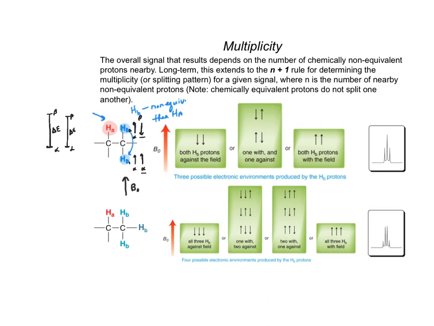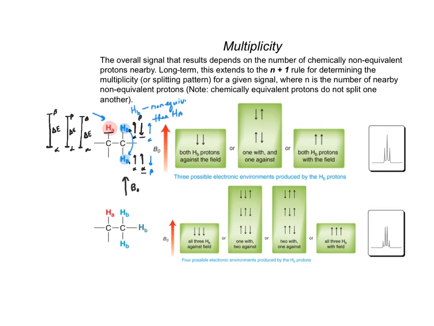All right, so then in another scenario, let's say that HB1 aligns against in the beta state, but then HB2 aligns with in the alpha state. So this is a different arrangement of these two spin states, but the overall effect is going to be one against and one with, and so we're going to get the exact same energy splitting in that situation between alpha and beta. Again, this is HA's alpha beta that we're looking at.